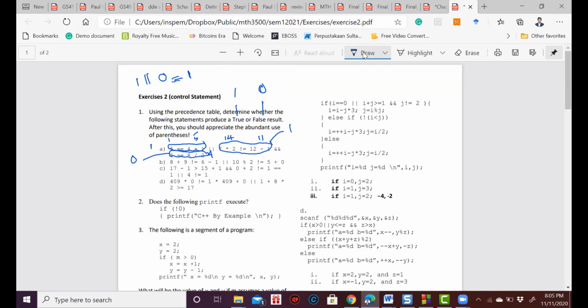Okay, I want to show you, you need to understand the parity.